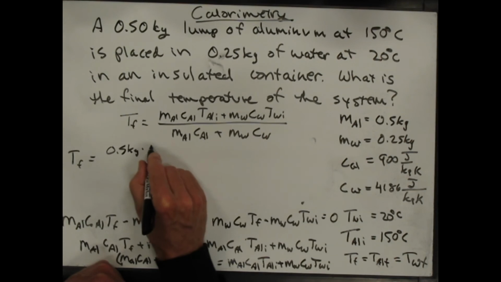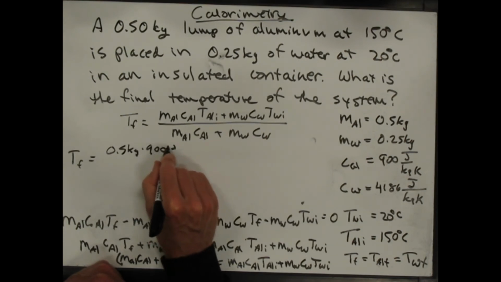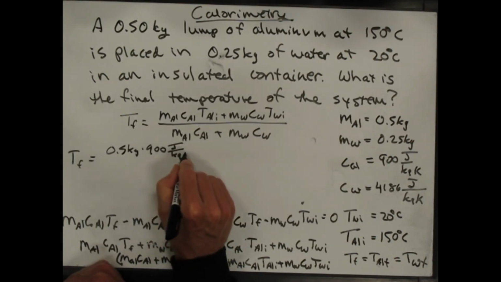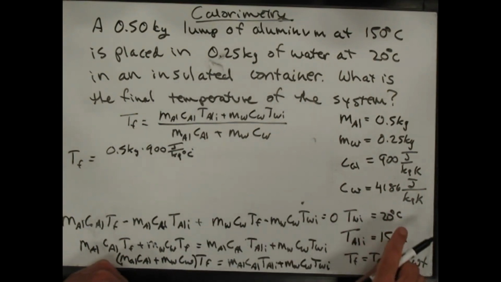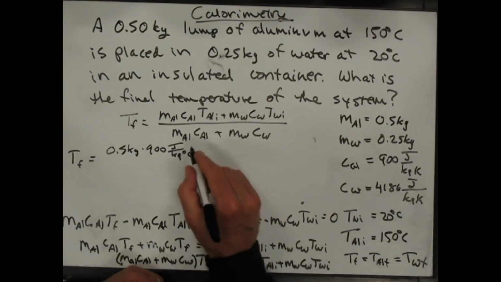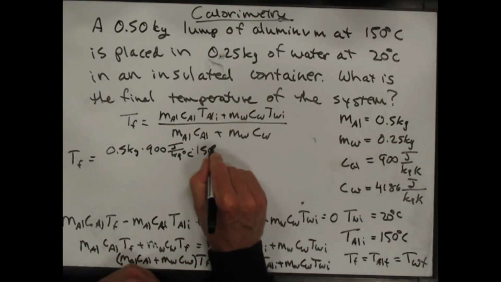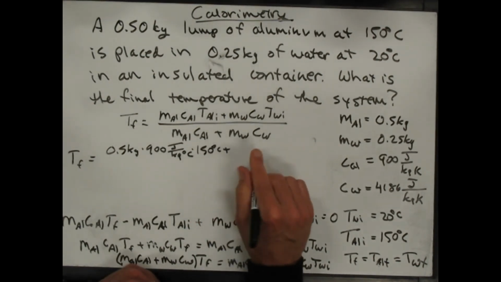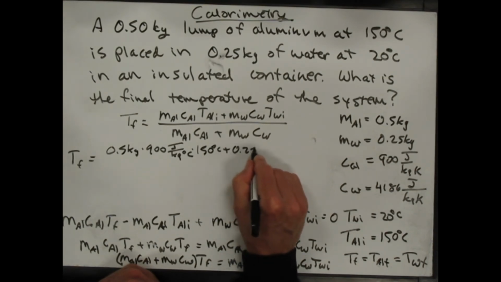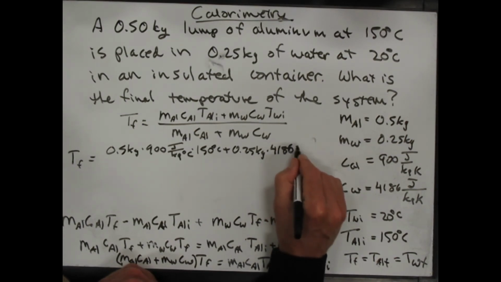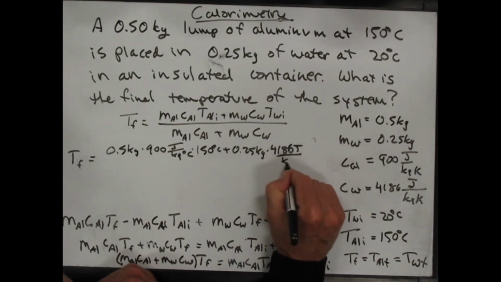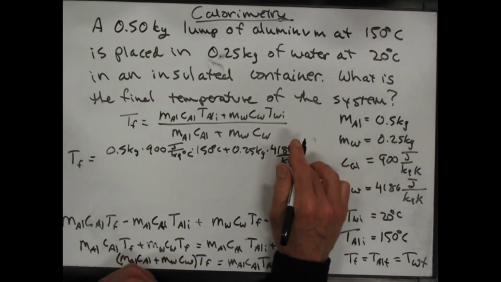C for the aluminum is 900 joules per kilogram degrees C, times T aluminum initial, which is 150 degrees C, plus the mass of the water, which is 0.25 kilograms, times C for the water, which is 4186 joules per kilogram Kelvin, or per kilogram degree Celsius.